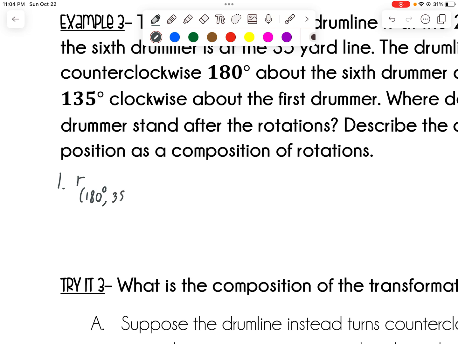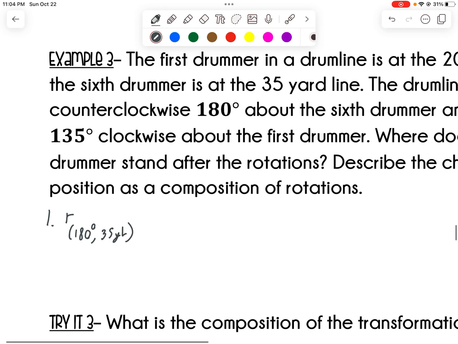I'm going to write the 35-yard line because that's what it says over here. Rotate about the 35-yard line. All right, and we're going to say rotate the drum line. And what does that produce? That produces the drum line prime.